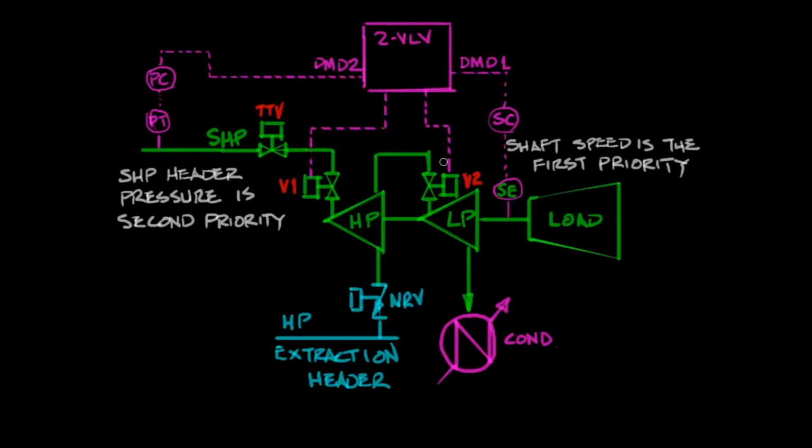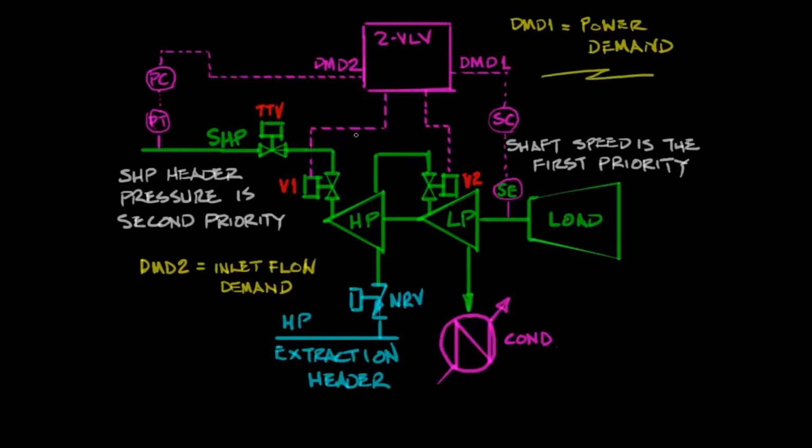There are outputs from the two-valve algorithm that manage each of those valves, but the two-valve algorithm doesn't directly connect the pressure controller necessarily to V1 or the speed controller to V2. It has to decide which valve to move based on different changes that happen to the system.